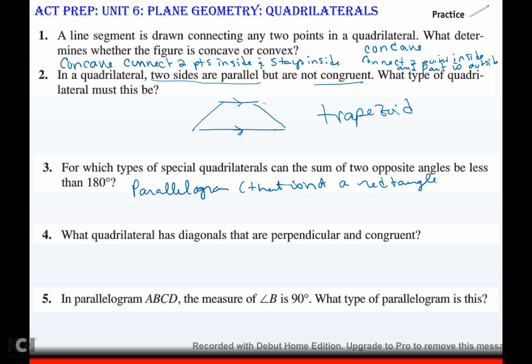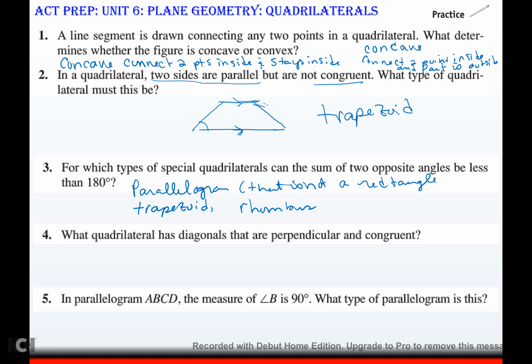My hand's asleep. A trapezoid would be true. And a rhombus would be true. Okay, because like on a trapezoid, if you do opposite angles, this one is acute, this one is obtuse. So how would that work?